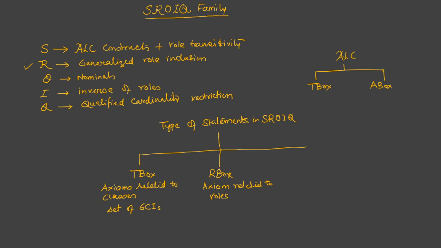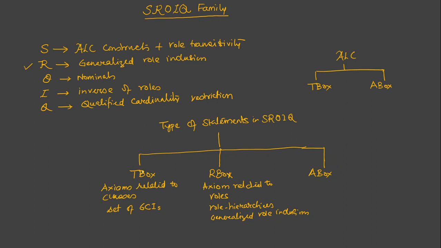That's why it's called the R box, and it basically contains role hierarchies and generalized role inclusion. And finally, we have the A box in the traditional sense. It contains all the assertions related to class membership and role membership.